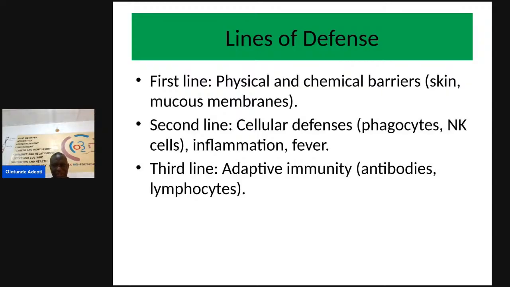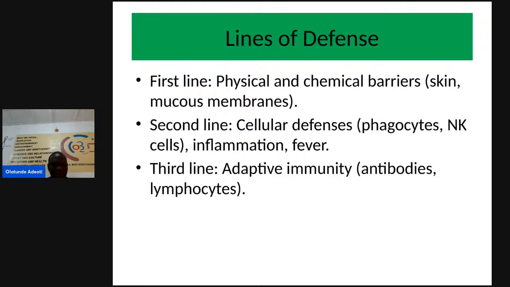But sometimes you scale through the first line of defense, and the second line of defense might be too potent for you to enter. That is the same mechanism by which the innate immune system provides cellular defenses in the form of phagocytes, natural killer cells, and sometimes inflammation and fever.